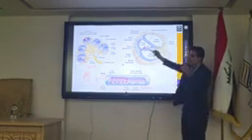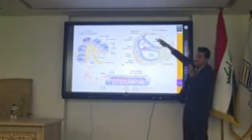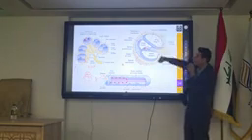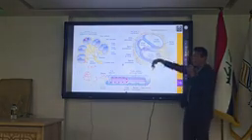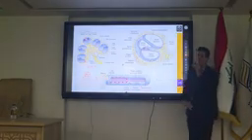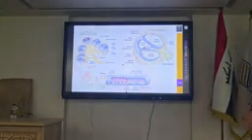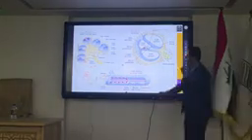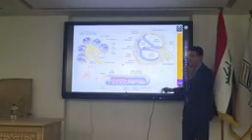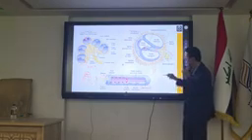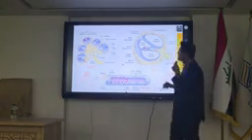So if we consider this tube, it has three compartments. On the top we have scala vestibuli, in the middle we have scala media, and below we have scala tympani. You know that in the scala tympani and scala vestibuli, we have a fluid called perilymph.